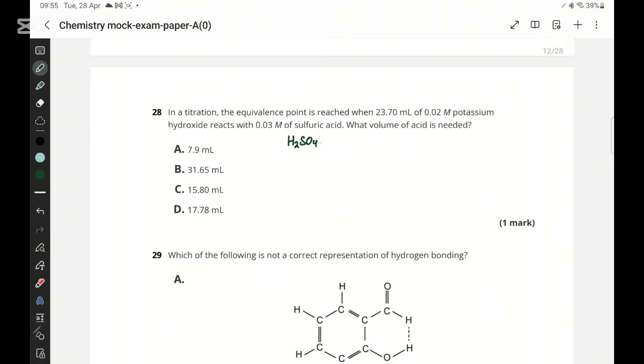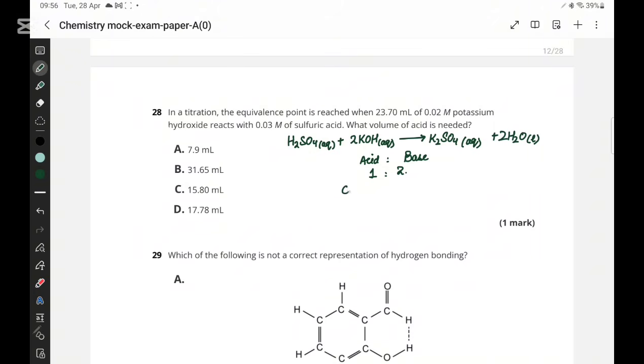H2SO4 in aqueous form is reacting with 2 moles of KOH in aqueous form, and then it is going to form K2SO4 in aqueous form plus 2 water molecules in liquid form. You need to see one thing: acid and base, they are going to react in a 1:2 ratio.